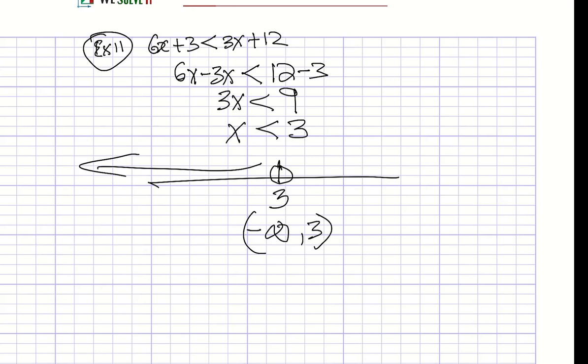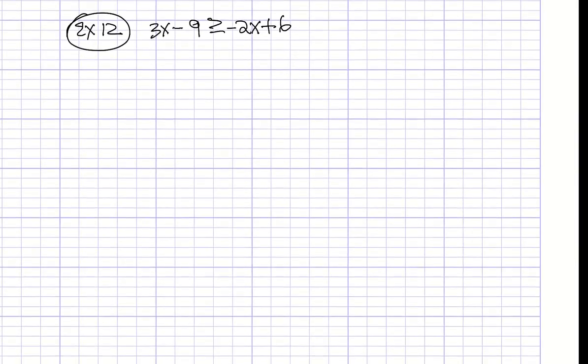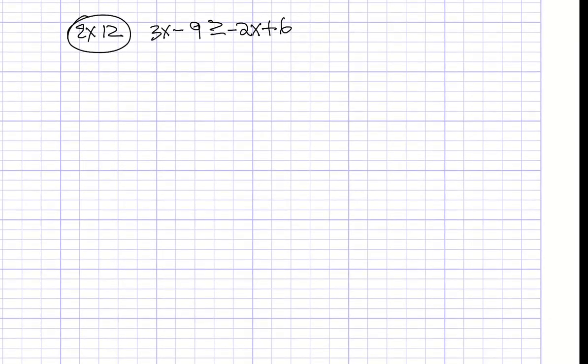Let's go to number 12. Number 12 says 3x minus 9 greater than or equal to minus 2x plus 6. Okay? So we move the like terms to the same side.